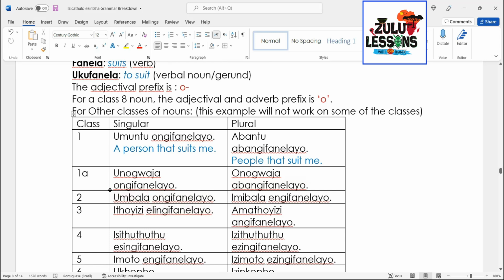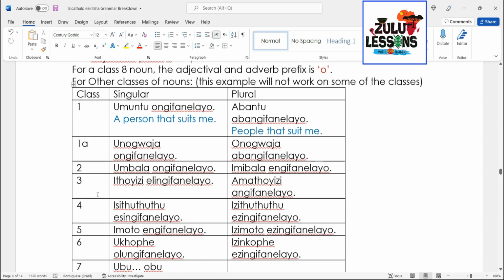Ongifanelayo, do you see the prefix for the adverb and or adjective would be o, and the plural one, onogwaja abangifanelayo. So for the plural one, the prefix is aba, the same as in class 1. Because remember, class 1 and class 1a really behave the same every single time.